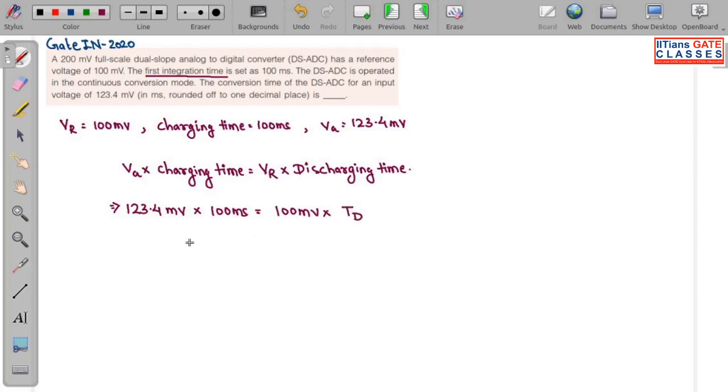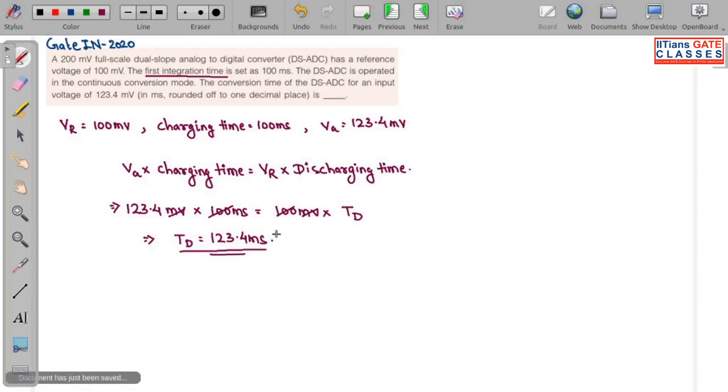This 100 gets cancelled with this 100, the millivolt is cancelled, and we are left with TD equal to 123.4 milliseconds. So we are getting the discharging time as 123.4 milliseconds.